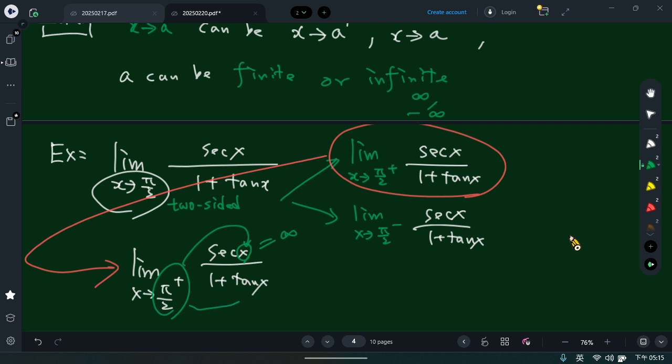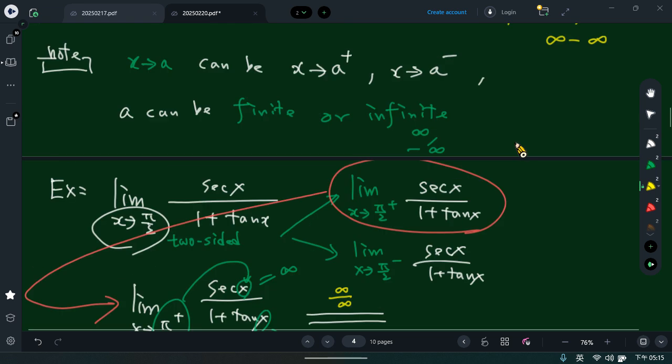Similarly, if we use this to replace tangent x here, we also get positive infinity. So you can see we encounter infinity over infinity, right?